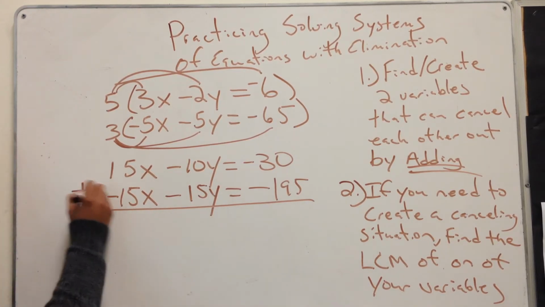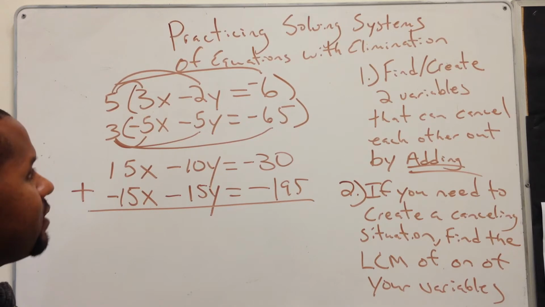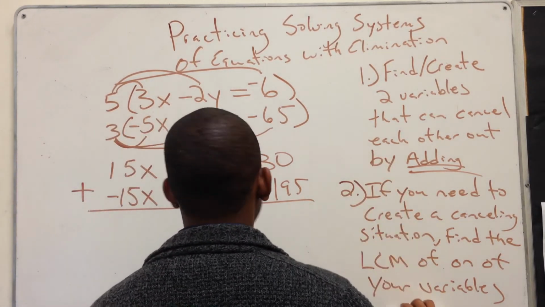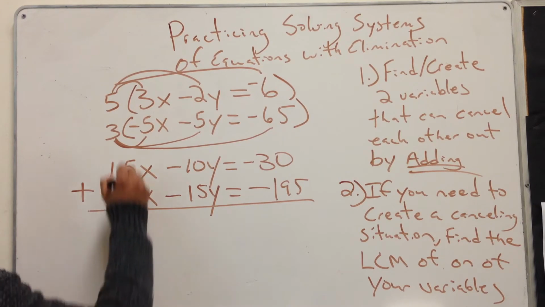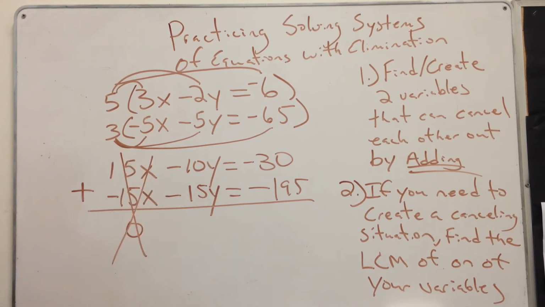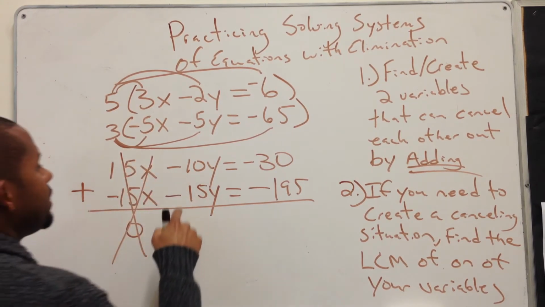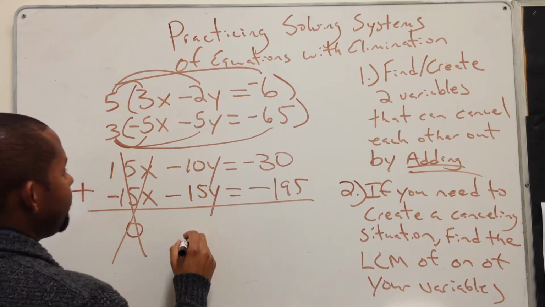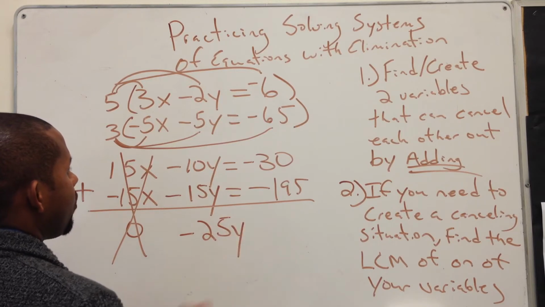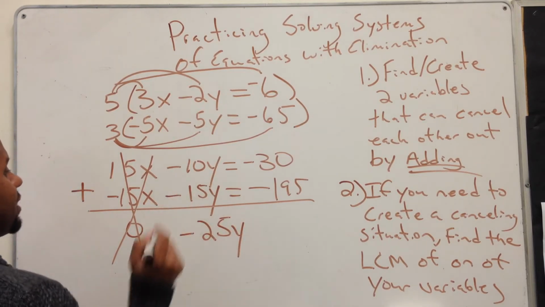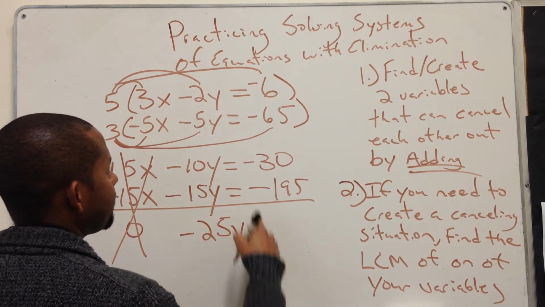So now what I'm going to do is add the equations. So 15 and negative 15 is 0, which is nothing, which is canceled out. Negative 10 and negative 15 is negative 25y. Negative 10 plus negative 15 is negative 25.